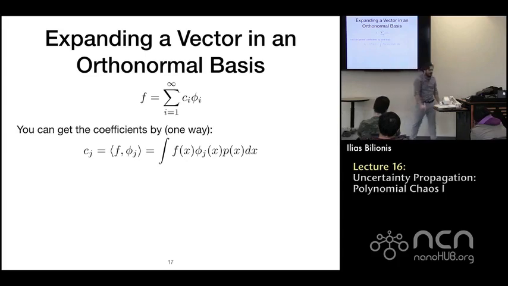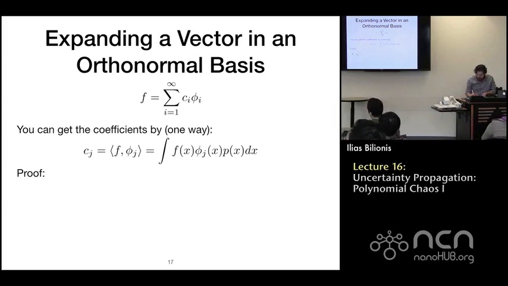So how can you prove this? It is nice to show it once. Okay, so all you have to do is plug in there the expansion and use the linear properties of the inner product to take the summation outside, and the c_i outside.